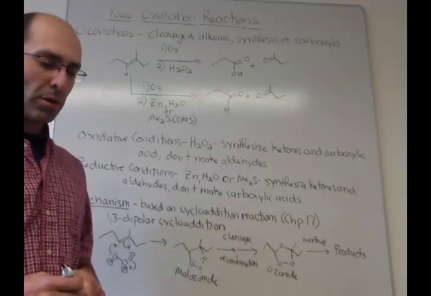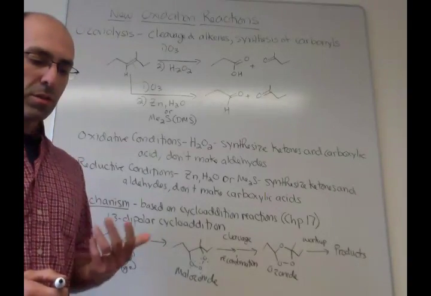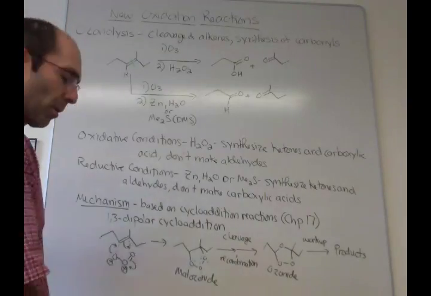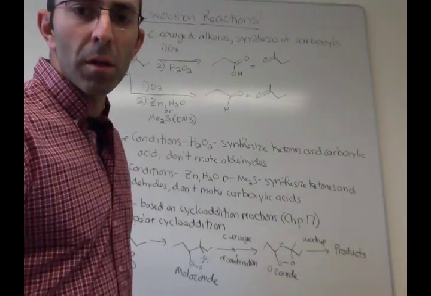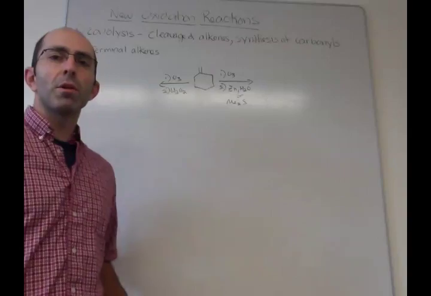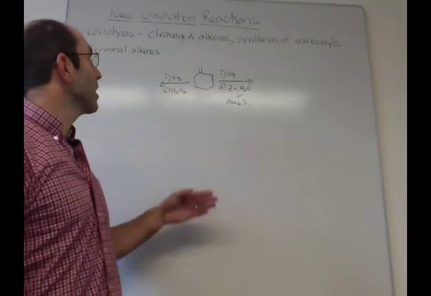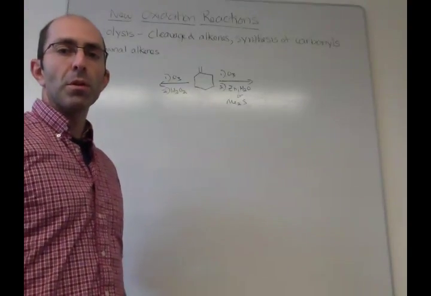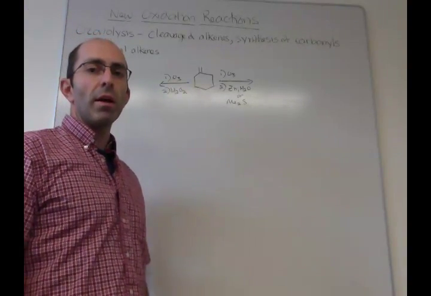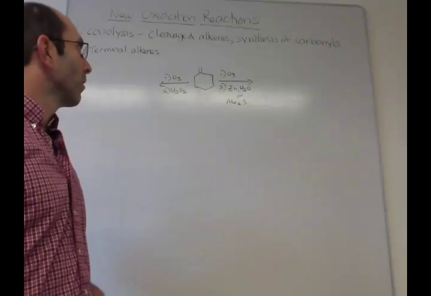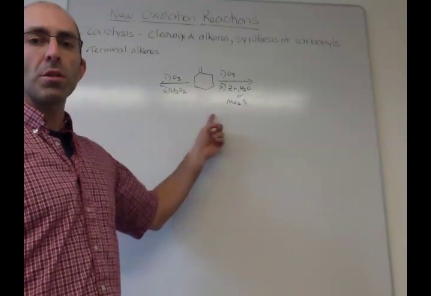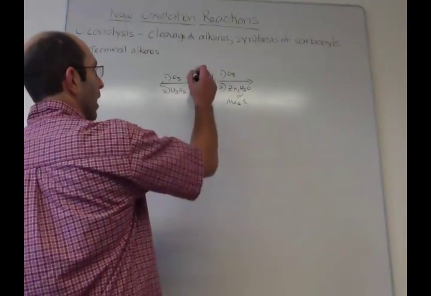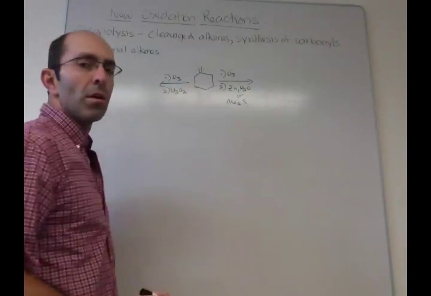The final thing I want to do is talk about one other case and show you some examples. And then we'll move on to the Baeyer-Villiger oxidation. So the final thing I want to talk about with respect to ozonolysis is the reaction of terminal alkenes. This would be a good example to look at. So again, when we have an alkene that has 2 CH bonds on it, what happens when we do it under reducing conditions or under oxidizing conditions? As with all ozonolysis reactions, we're going to cleave that bond.